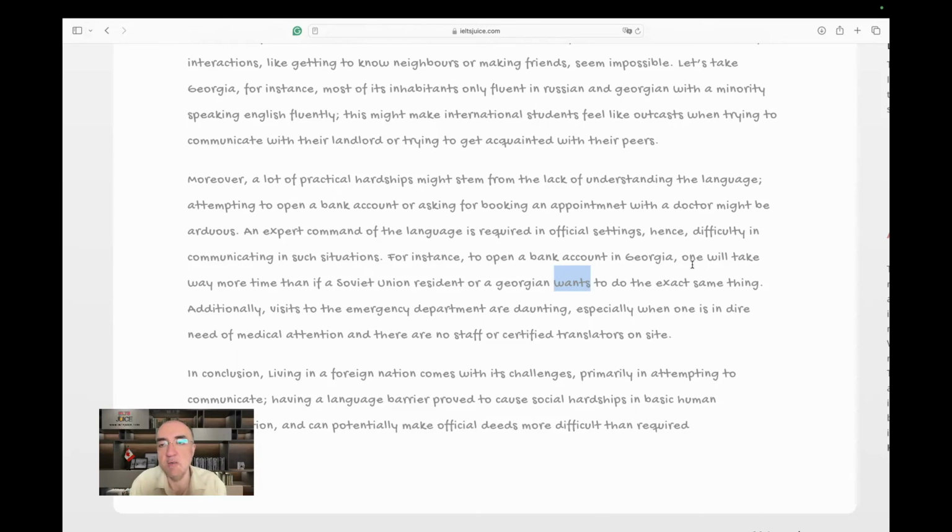One may take way more time if you want to add the element of not being consistent. You can say may instead of will. I understand the use of a modal verb here, but this may have some other implications, other messages that you don't want me to pick.